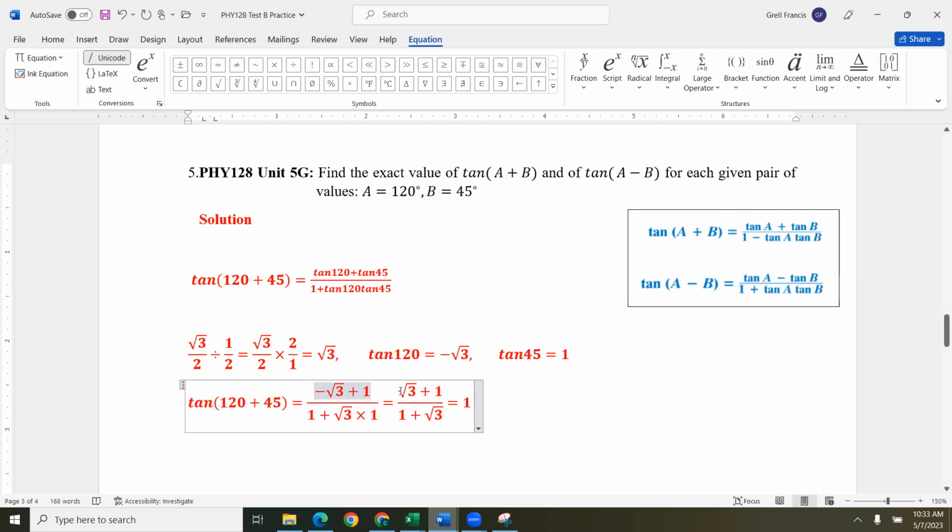There will be negative root 3 plus 1, or 1 subtract root 3. And below here, you will have 1 plus a minus root 3 times 1, to give us the same 1 minus root 3. We'll see how this plays out.